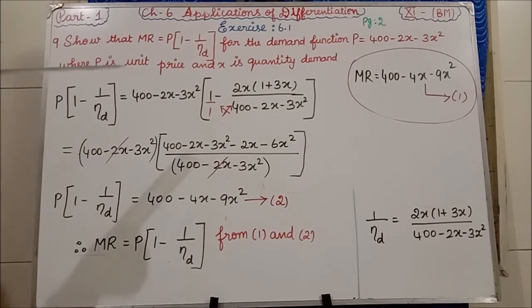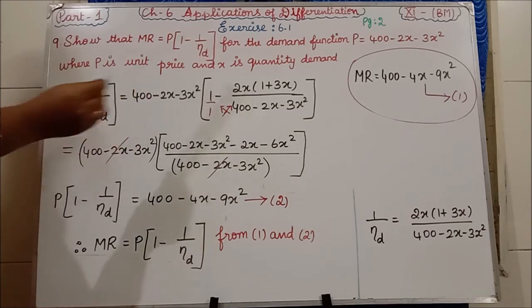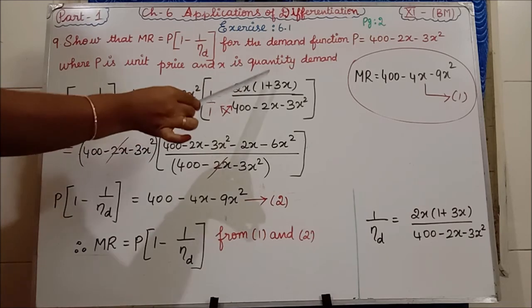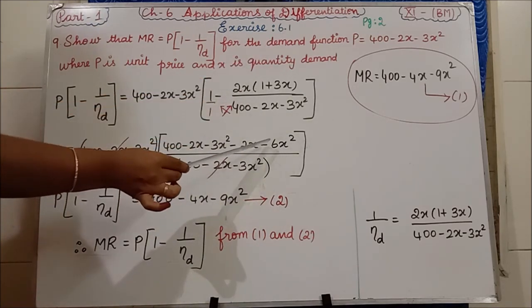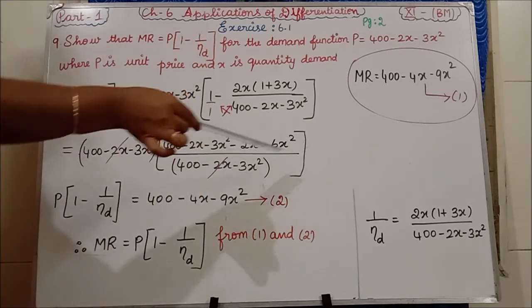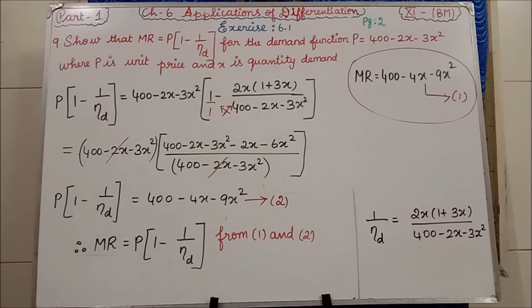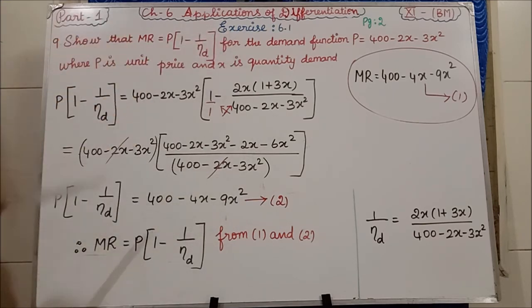What you will get? 1 into (400 - 2x - 3x²) is this. Then I am taking this 2x inside: minus 2x into 1 is minus 2x, minus 2x into 3x is minus 6x², divided by 1 into this, 400 - 2x - 3x². Now you see this denominator and this numerator are same, so we can cancel them, because both are in division.